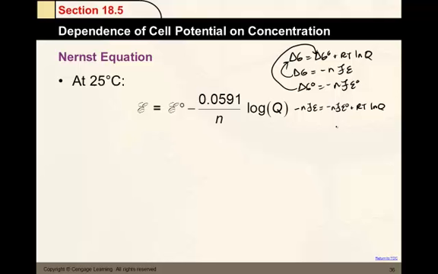Dividing both sides by negative nF, I end up with E equals E0 minus RT over nF, and I'll make the F the Faraday fancy F, ln Q. Because T, which is the temperature, is at 25 degrees, the R, which is the gas law constant, and the Faraday are all constant, and factoring in log and ln, when this is reduced at 25 degrees to a number, it can be fully reduced to what you see over here.